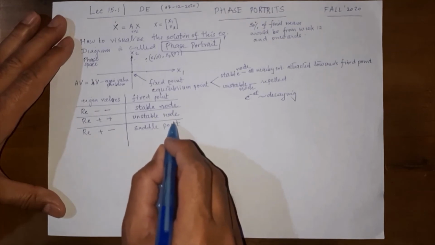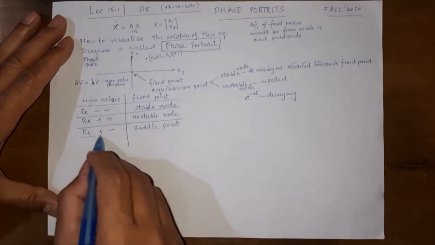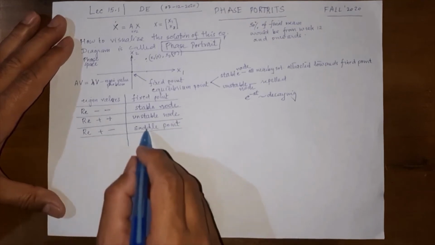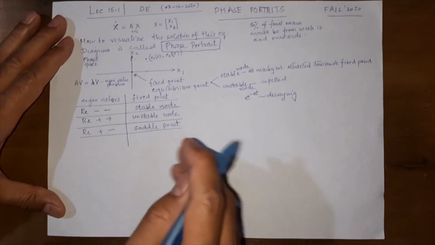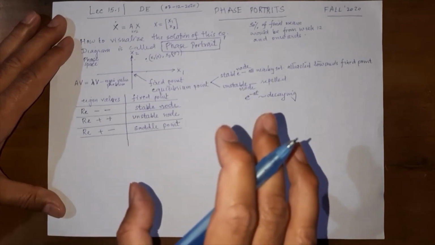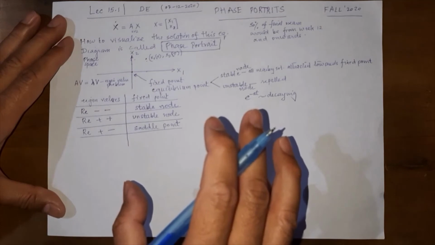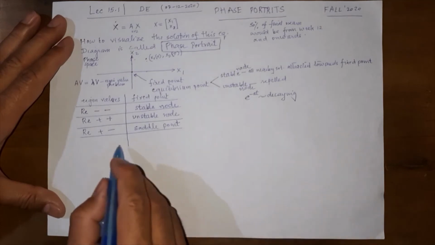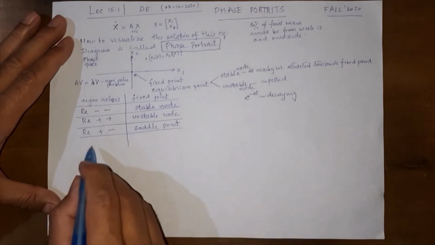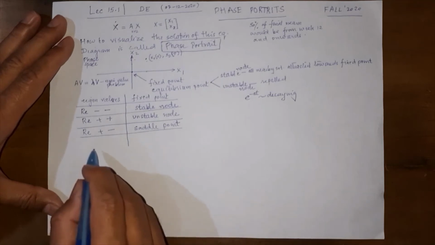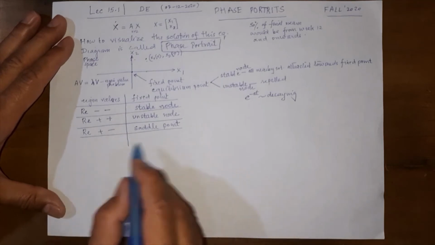I will tell you a little later about why it is called a saddle point. A saddle is basically that thing that you put on a horse where the rider sits. Why this is called a saddle point, I will discuss when I solve an example with such a case.